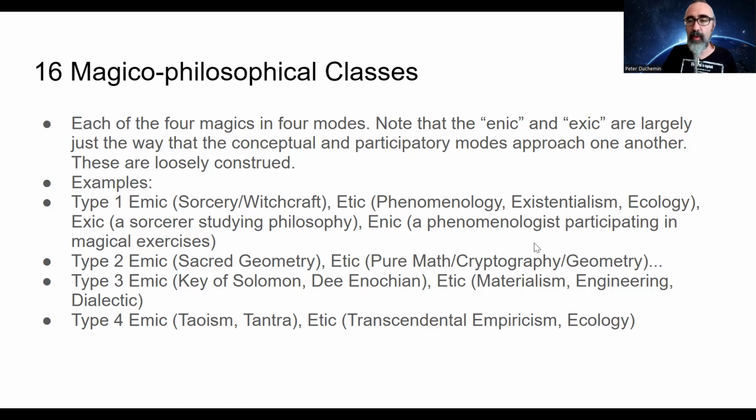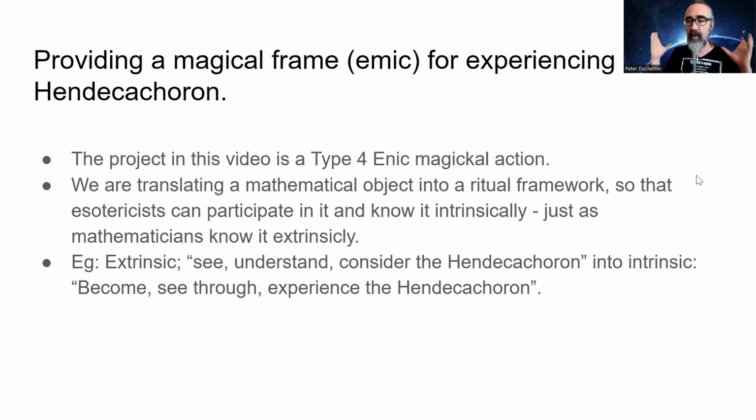So if you sat through all of this, then you understand what I'm essentially about. I think there are these different types of magic and they translate into and out of philosophy. And I think that we want them all to be working. But I'm a type 4 for sure.